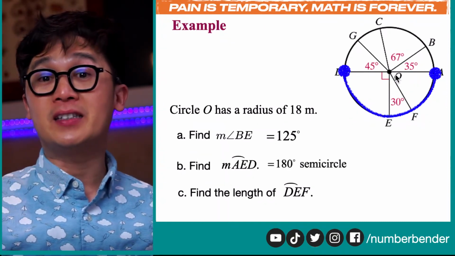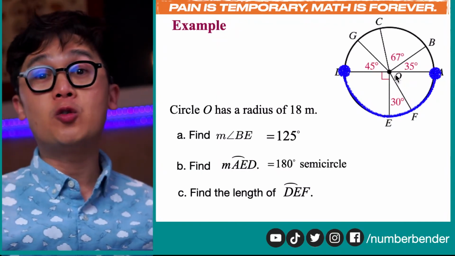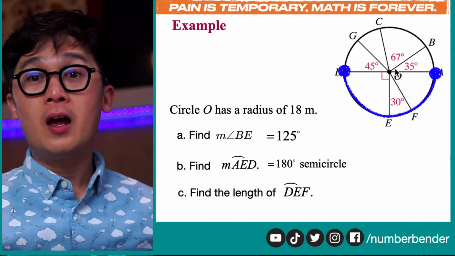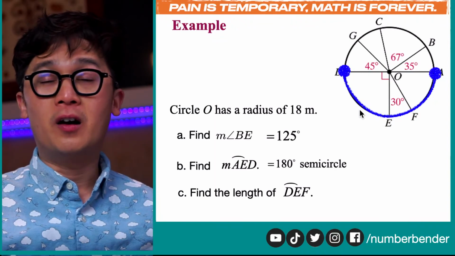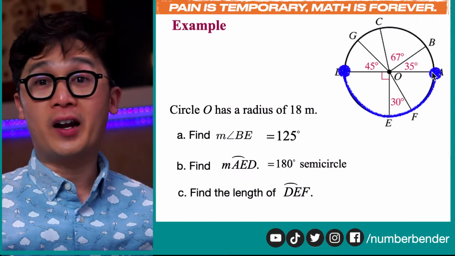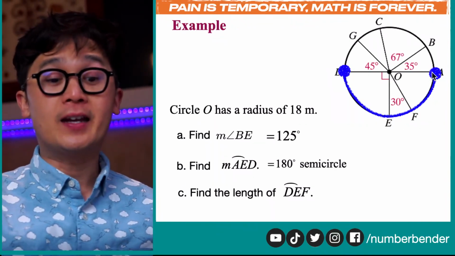So that means it is a semicircle, and the arc measure of this particular arc, arc AED, is 180 degrees.